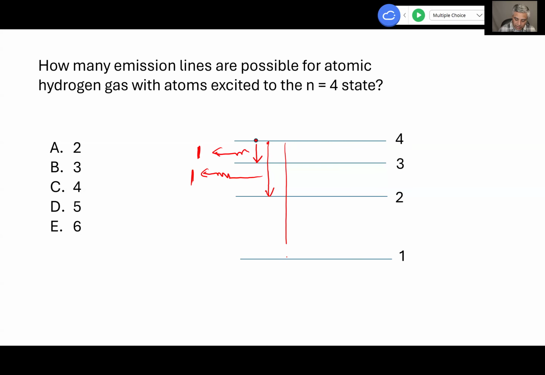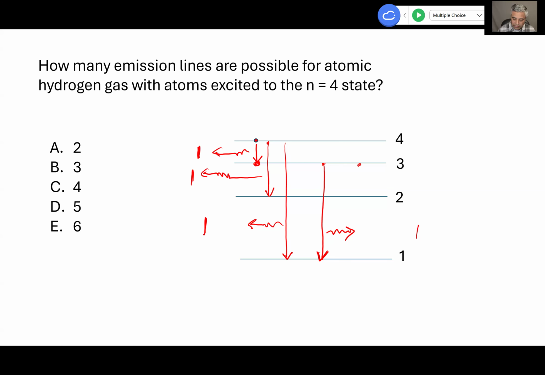And another one is this one here, so there is another possible photon coming out. But the one that arrived here eventually jumps down. One possibility, it comes here. Let's do this one first, all the way. So that emits a photon, and that's another line.